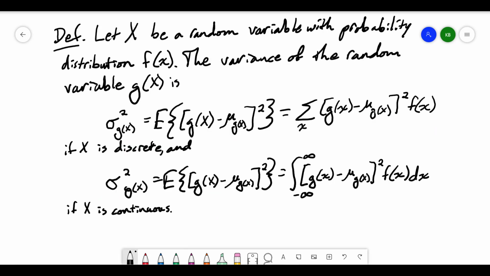Now, sometimes we have a random variable that depends on another random variable. So say we have a random variable g of x that depends on our random variable x. And our random variable x has probability distribution f of x.